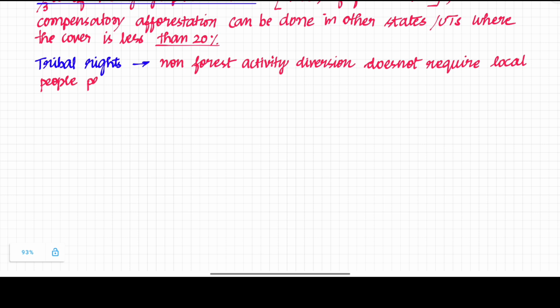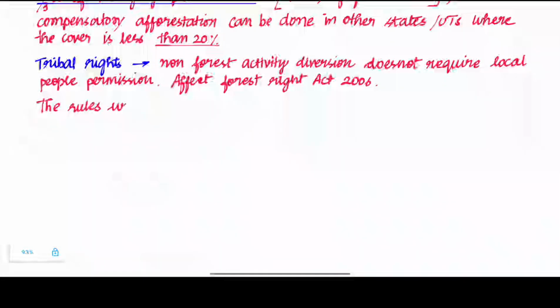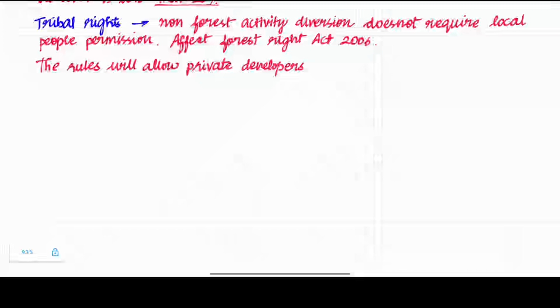This is going to affect the Forest Rights Act, 2006. The rules will allow private developers who are doing the non-forest diversion to clear the forest without seeking the permission of the forest dwellers.